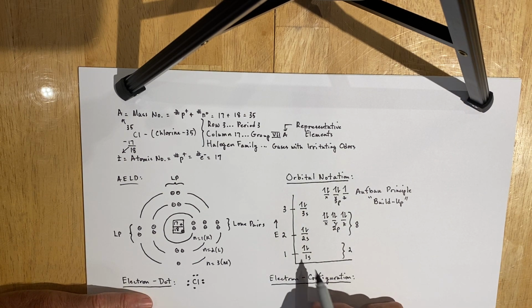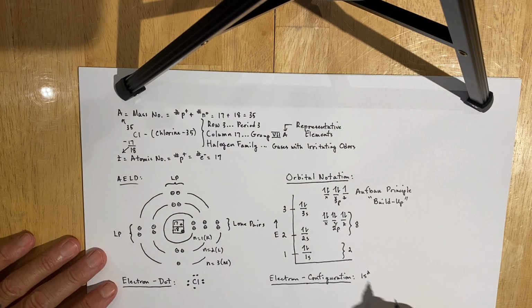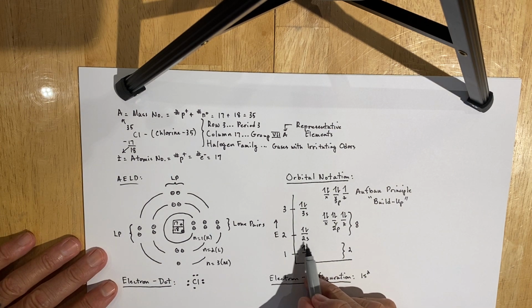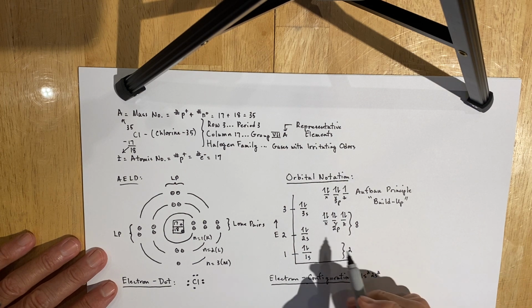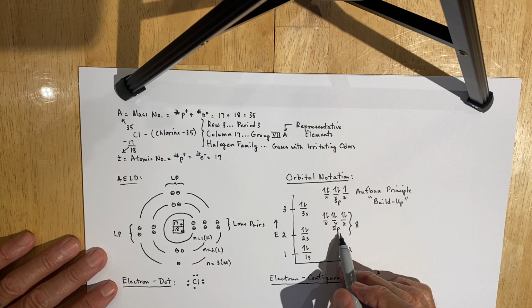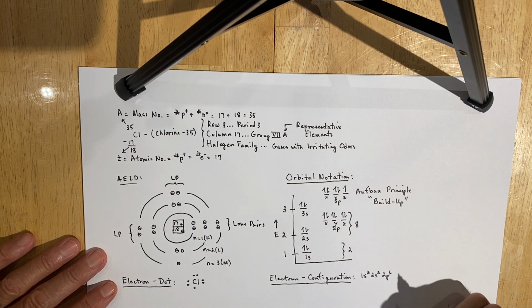We have two electrons in an s sublevel on the first energy level, so we'd write 1s2. We have two electrons in an s sublevel on the second energy level, so we'd write 2s2. We have 6 electrons in a p sublevel on the second energy level, so we'd write 2p6.